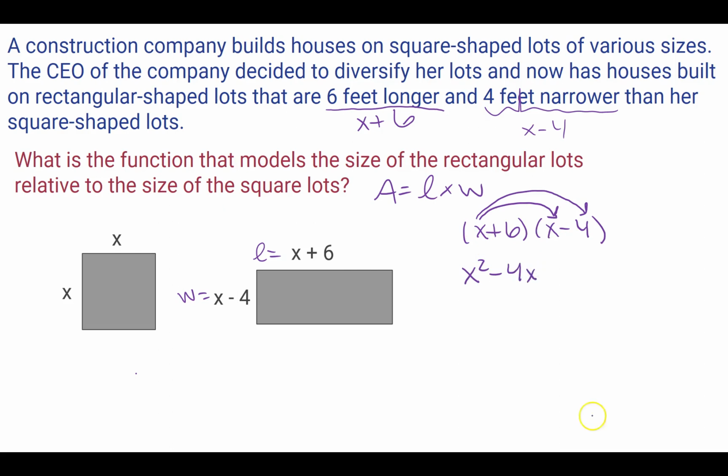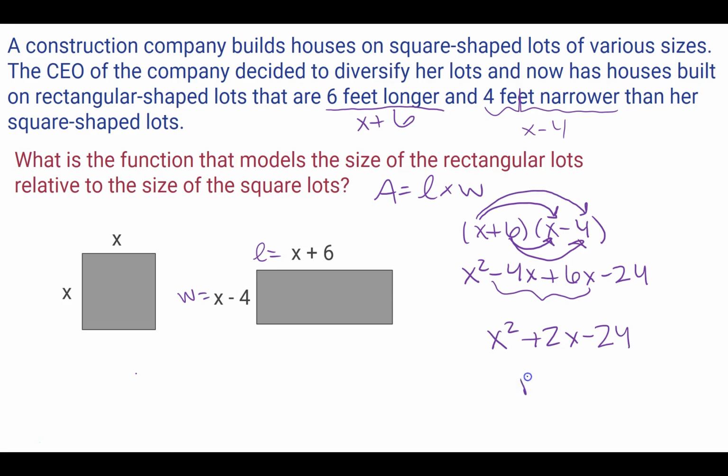Then we're going to do the same thing with 6. 6 times X and 6 times negative 4. That'll give me a positive 6X and then a minus 24. Combine like terms. This gives me X squared plus 2X and then minus 24.